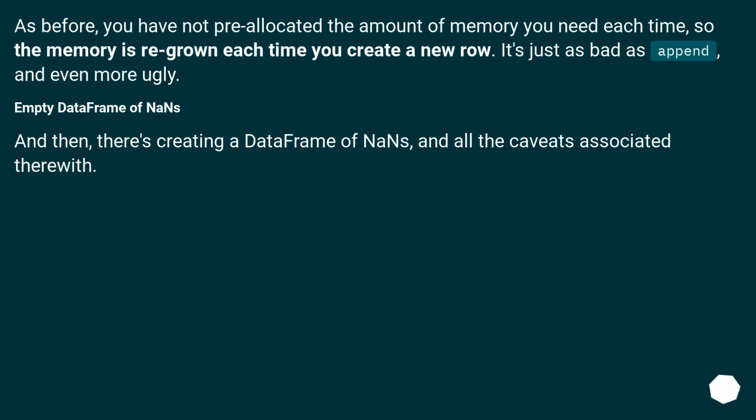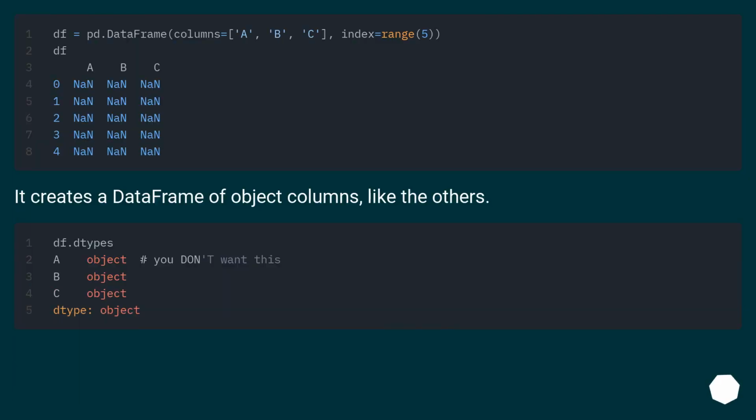Empty data frame of NaNs. And then, there's creating a data frame of NaNs, and all the caveats associated therewith. It creates a data frame of object columns, like the others.